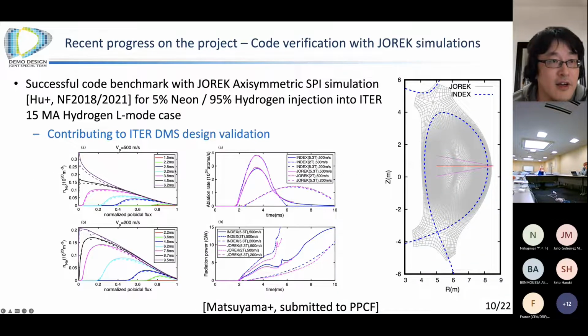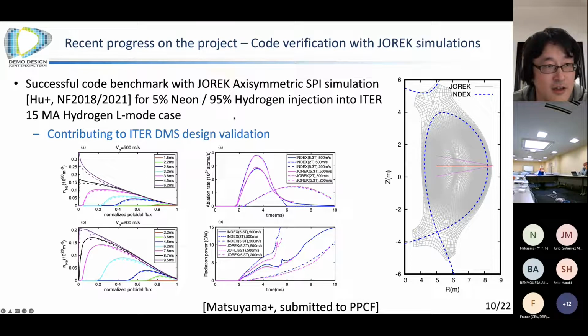And one of the recent achievements is the benchmarking with JOREK. JOREK has widely been used for the simulation of SPI experiments in many tokamaks such as JET and KSTAR.